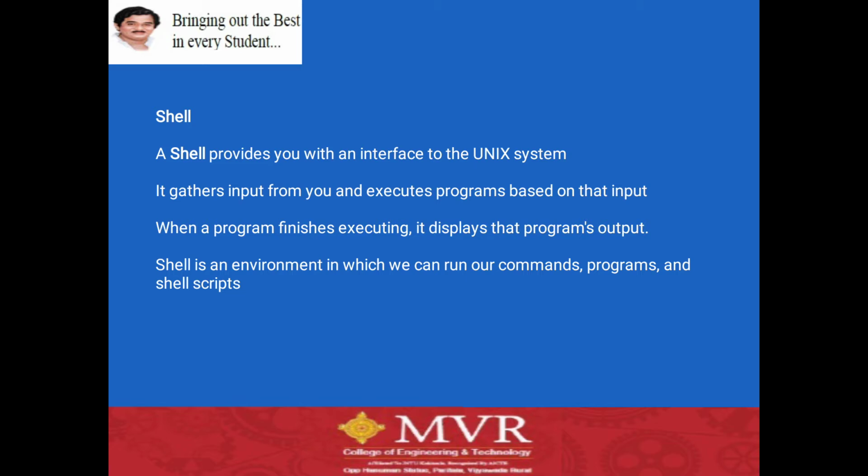If there are any arguments you have given, depending upon the arguments and whatever command you have given, it will produce the output. That is, it gathers input from you and executes programs based on the input. Then when a program finishes executing, it displays that program's output. So whatever you have given, that output will be displayed on the screen.